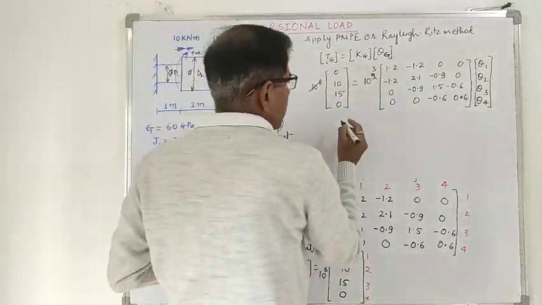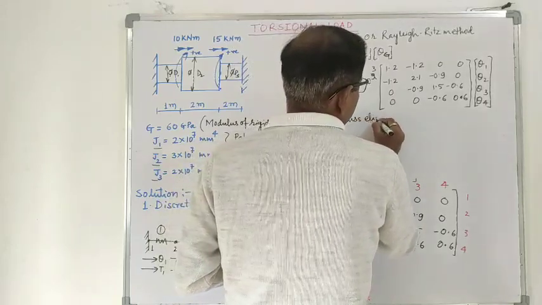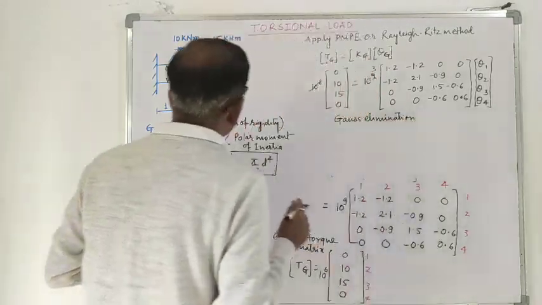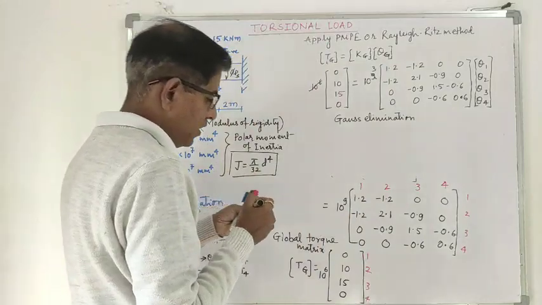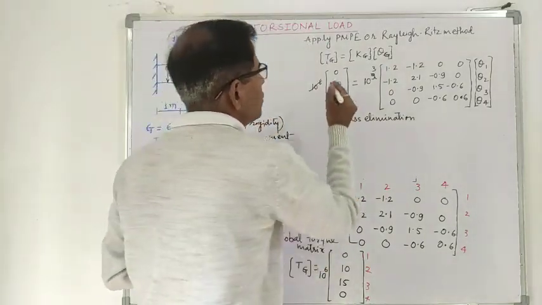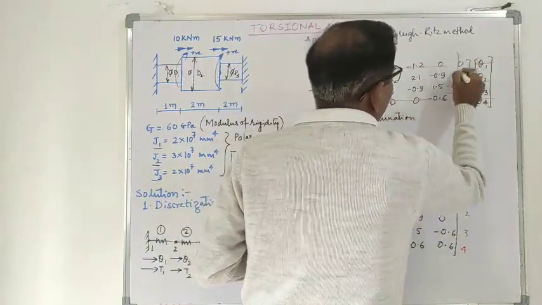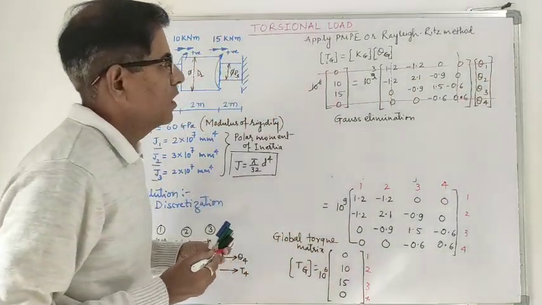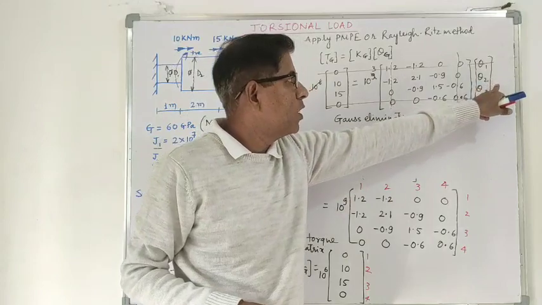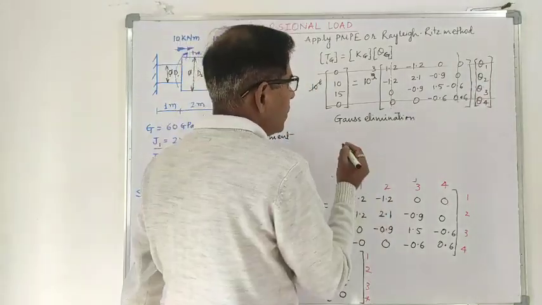Now apply Gauss elimination. Here node number 1 and node number 4 are fixed, so cancel out the row and column of the fixed nodes. From the remaining matrix you can easily find out the angular displacement at node number 2 and angular displacement at node number 3.